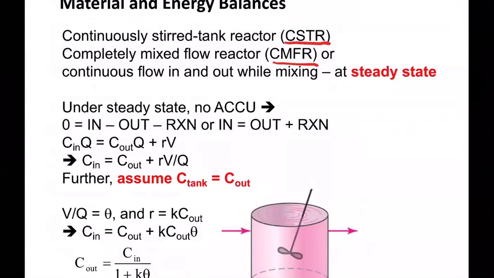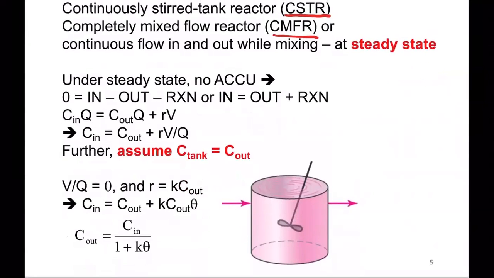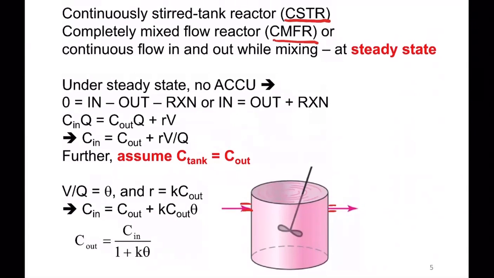Okay, so basically, this is a schematic diagram of this device, right? You have inflow, you have outflow, and you have the completely mixed condition within the tank, right? So for the CSTR, there are basically 2 very important assumptions we make for this reactor.